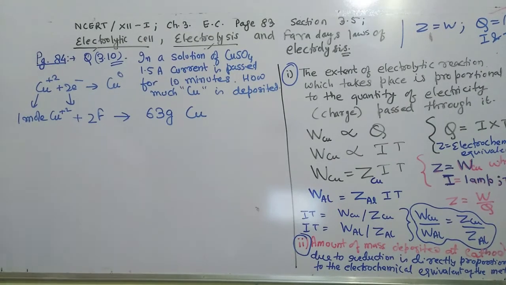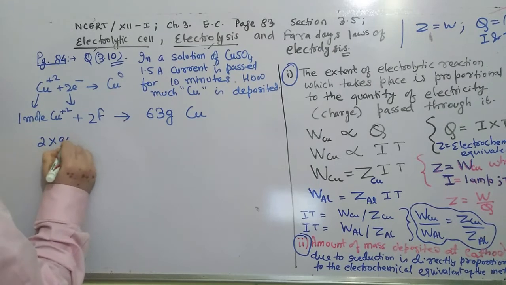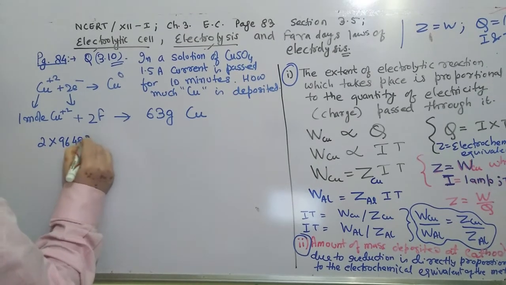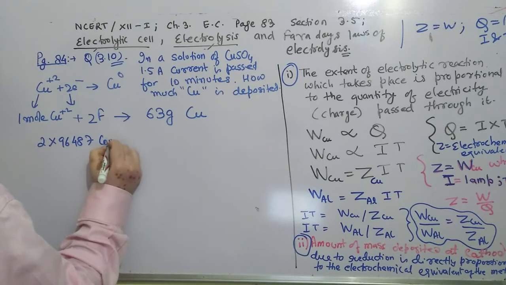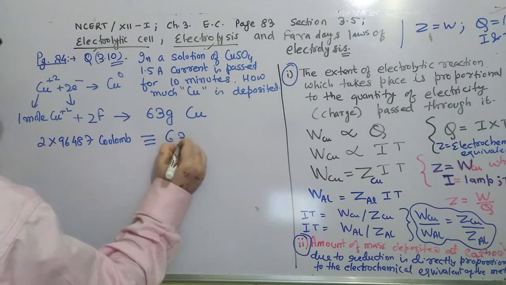So this 2 farad charge will be equal to 2 into 96487 coulomb, which corresponds to 63 gram.